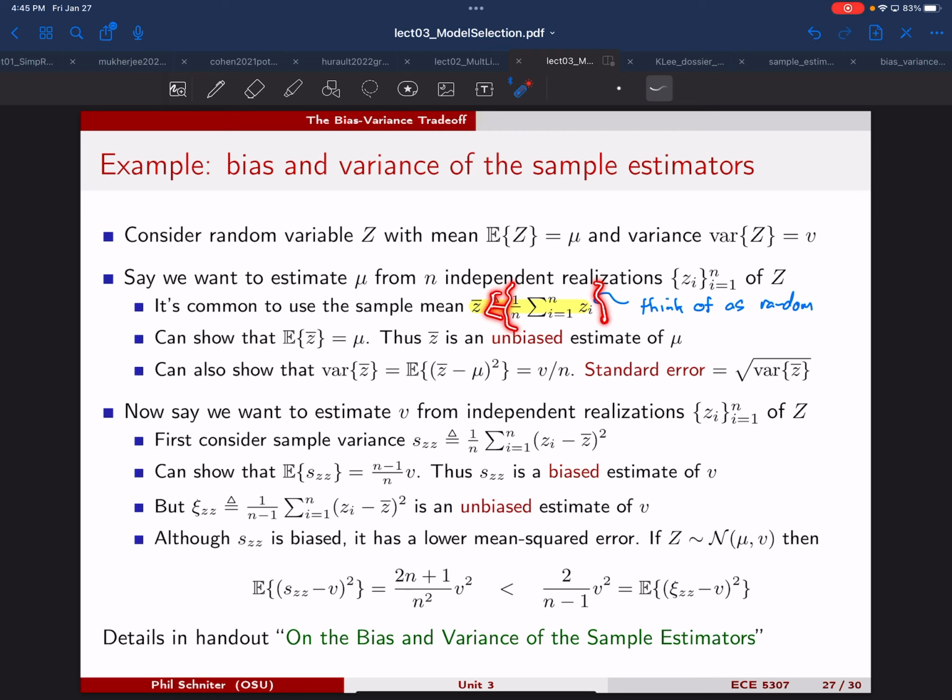Yeah, I move the expectation inward, linearity, right? I can then do the expectation of this. And I know this, right? What is that? Mu. That's mu. I said that those zi's are all random variables with mean mu. So this ends up being mu, and now I'm taking the average of mu, which is just mu, right?